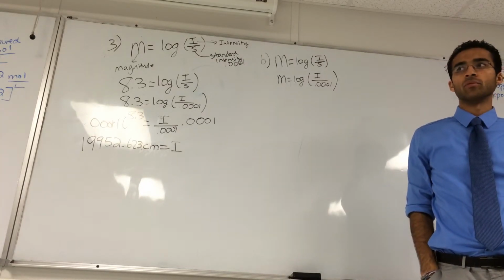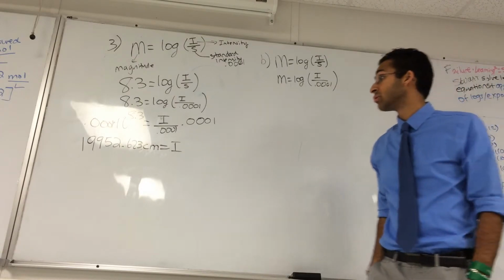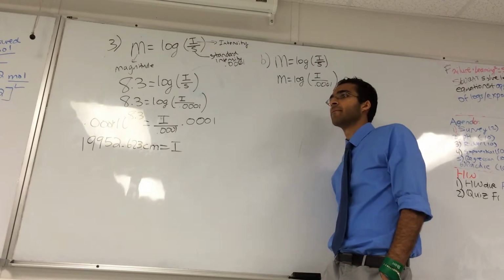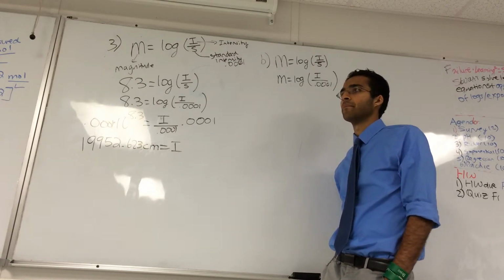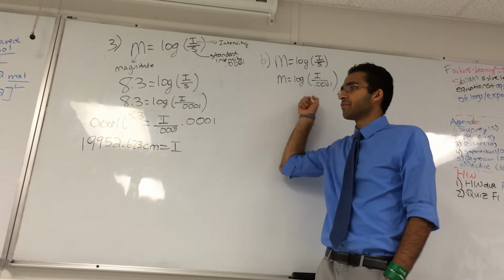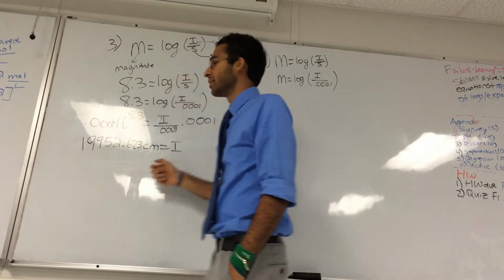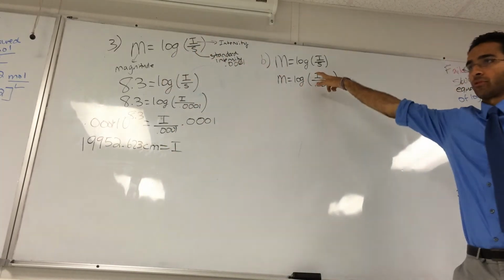Wouldn't you use what you got for the I in there, but then multiply the intensity by 4? Yeah, that's right. It said that the intensity of this earthquake is 4 times as much as the other one. Here's the intensity of the other one. Let's just plug that in here and multiply by 4.